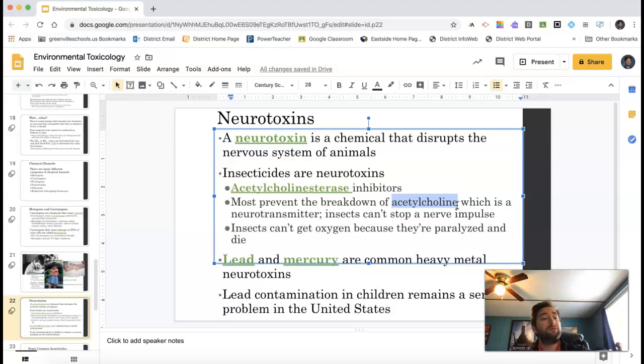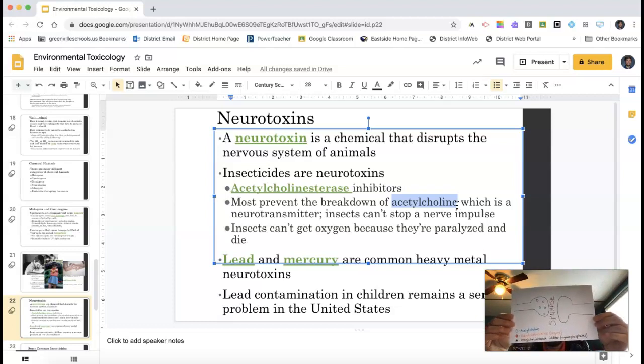All right, so I drew this picture, and I know it's kind of terrible. If you look at this picture here, this is going to be the end of one neuron, and this over here is going to be the end of another neuron. In order for a nerve impulse to go from one to another, you have to have a neurotransmitter, such as these little circles in here, and they have to go across this space in the middle, which is called the synapse.